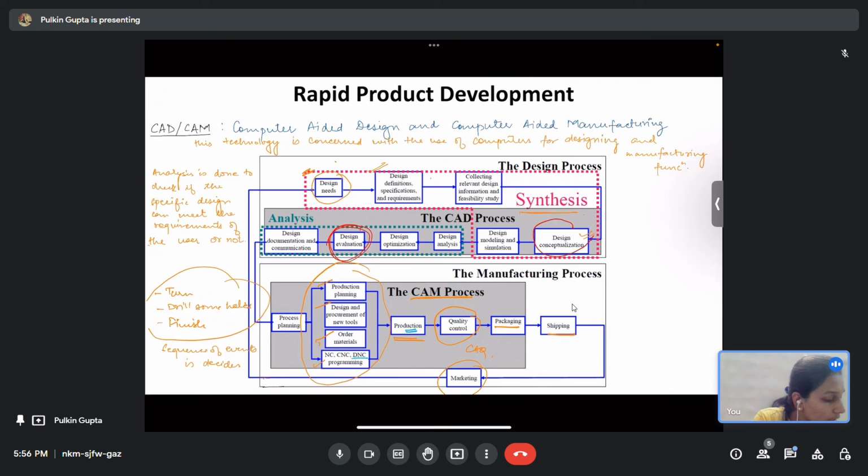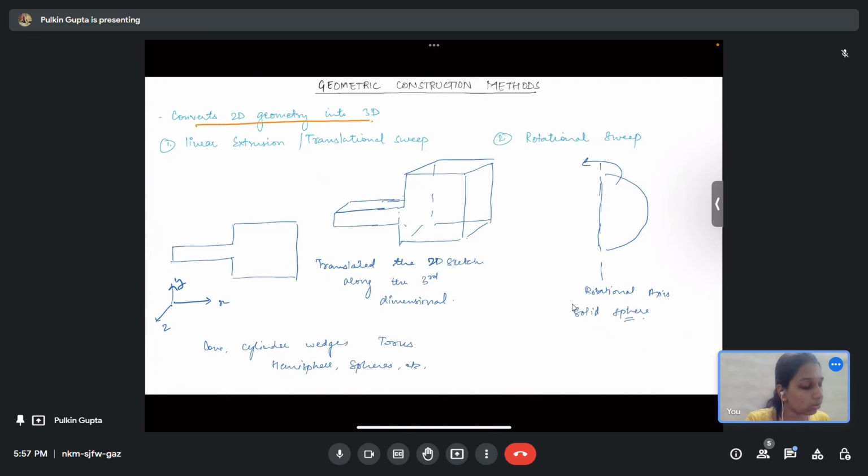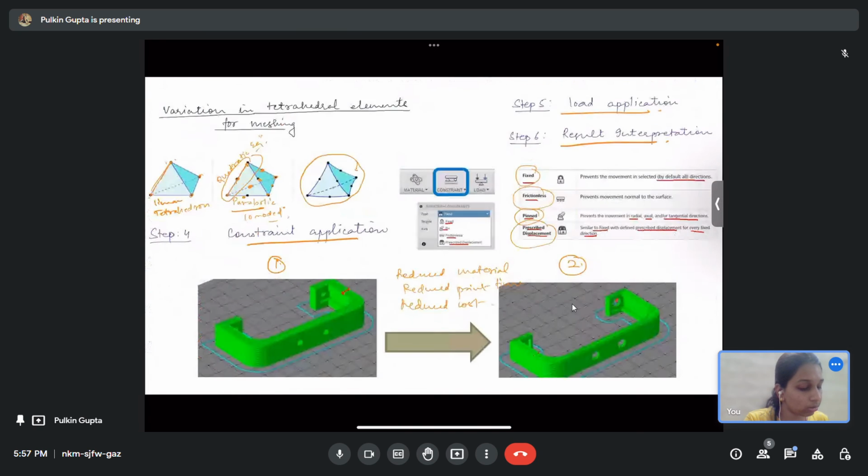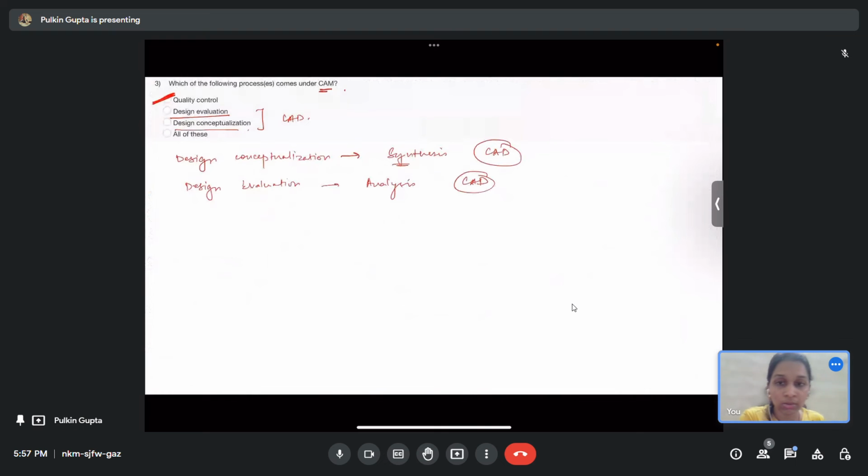And then your design conceptualization is in the synthesis part, wherein you go towards actually making your component. And quality control is a part of your CAM. After you have manufactured your component, it is very necessary to check if it is as per the quality standards or not before it goes into the market. So it is done in the CAM part. I hope the confusion is clear, Mr. Vedant.